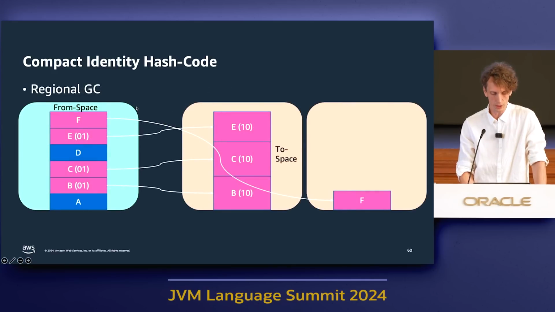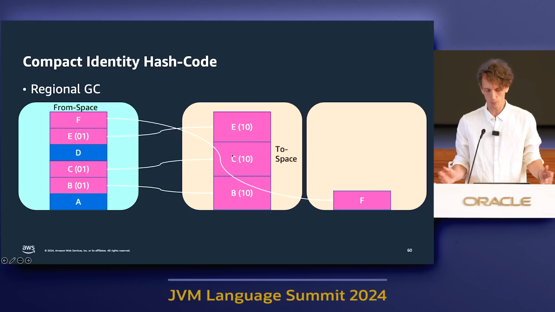Then we have regional GCs, which is basically G1 and Shenandoah and ZGC. They are kind of similar to two-space compaction, except that they have more spaces. They have regions which are smaller than the spaces, but they have more of them. And compaction works by basically doing the same thing, copying all those objects over to the other space. They have the additional advantage that if we run out of space in one region, then they will simply pick the next region in their free set and continue copying there.